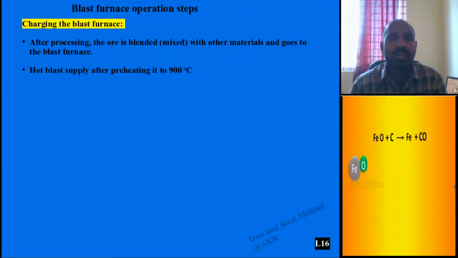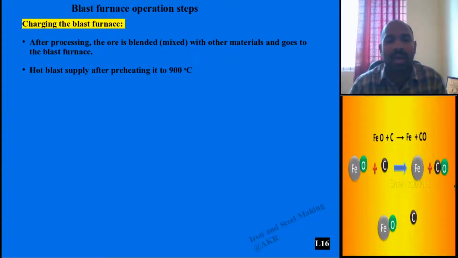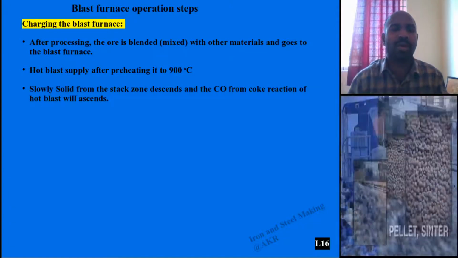After it is filled up to the stock level, hot blast is supplied after preheating to 900 degrees Celsius from the stoves. It is supplied slowly.